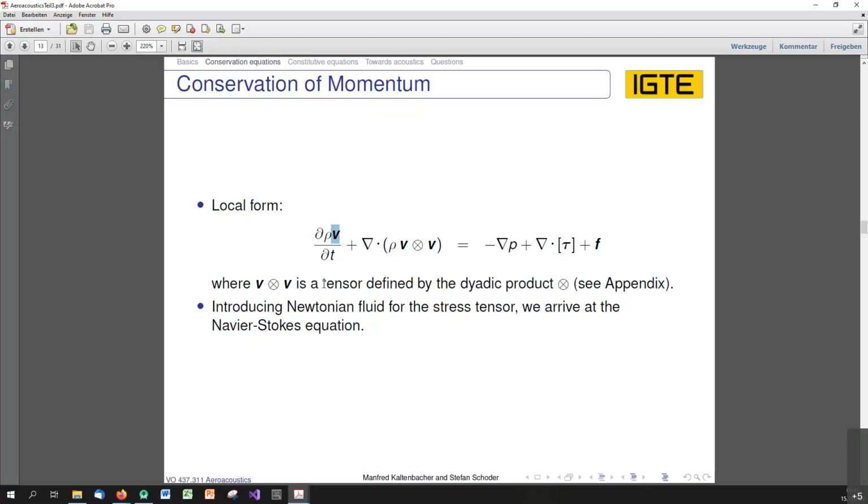So you can represent the tensor via a matrix, but a tensor also comes along with operators that you can apply on it. Like if you have defined for this matrix that you can apply the divergence onto it, it's clear.